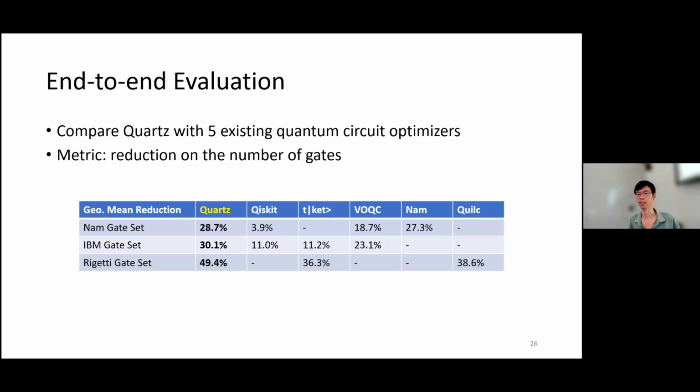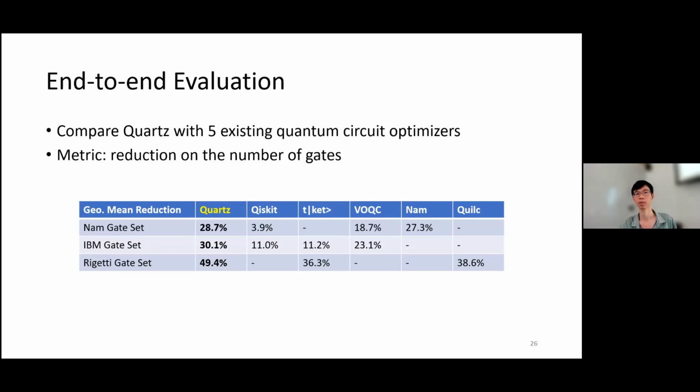We can see that we achieve on-par performance on the Nam gate set with the original Nam paper, and we outperform all other circuit optimizers in the 2 other gate sets.